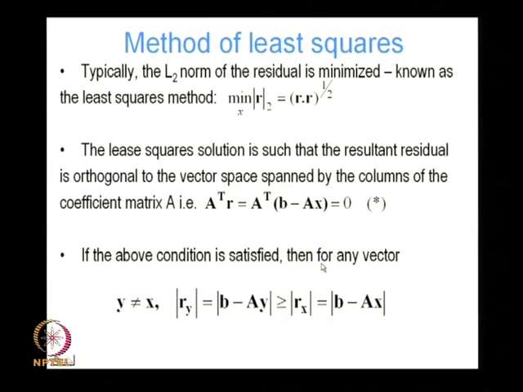If the above condition is satisfied, we can show that for any vector y which is not equal to x, x being the vector which minimizes the residual, the residual, which we now denote by ry, which is b minus Ay instead of Ax, is always going to be greater than b minus Ax.